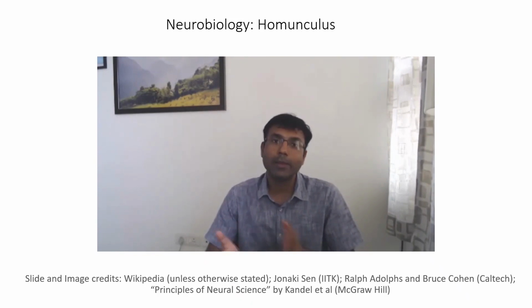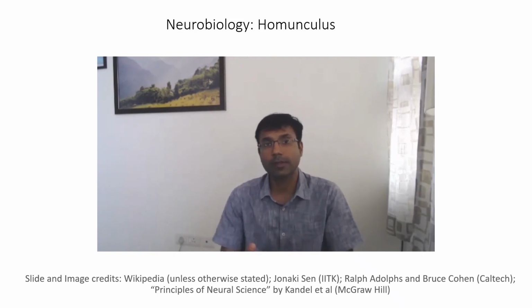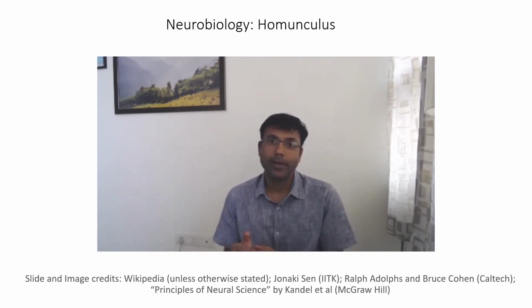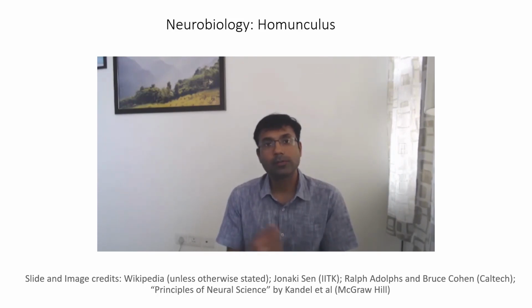When we look at this mapping between the regions in the motor cortex or the somatosensory cortex and the body, a very interesting picture emerges, and that is called the homunculus. We'll also see how the homunculus was derived and what it tells us about the electrical activity in the brain.